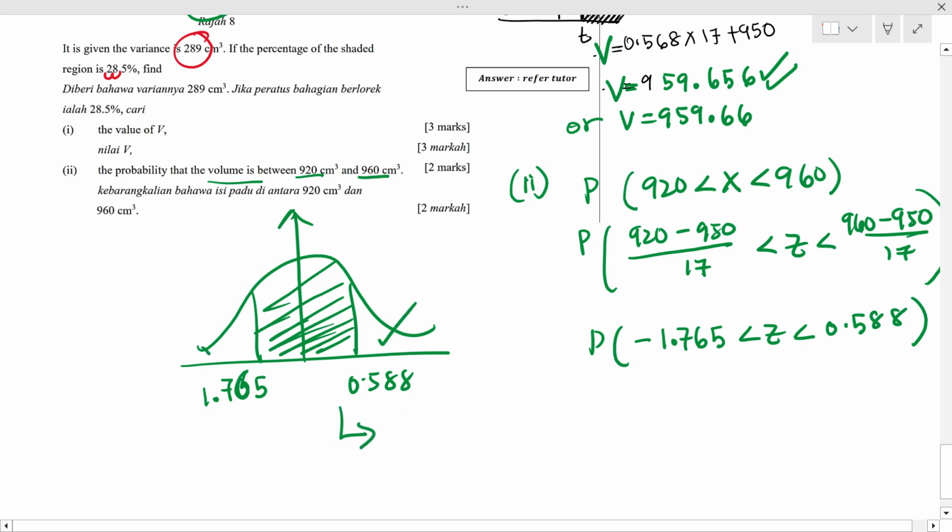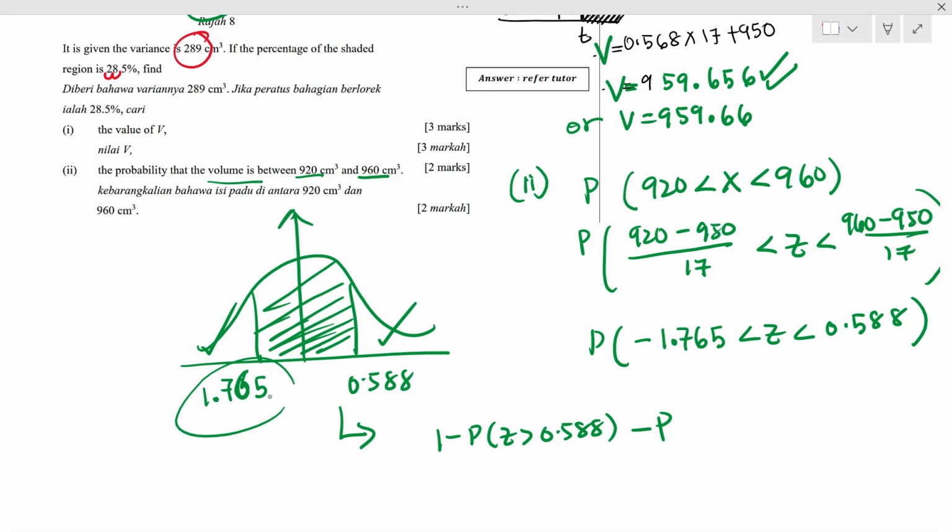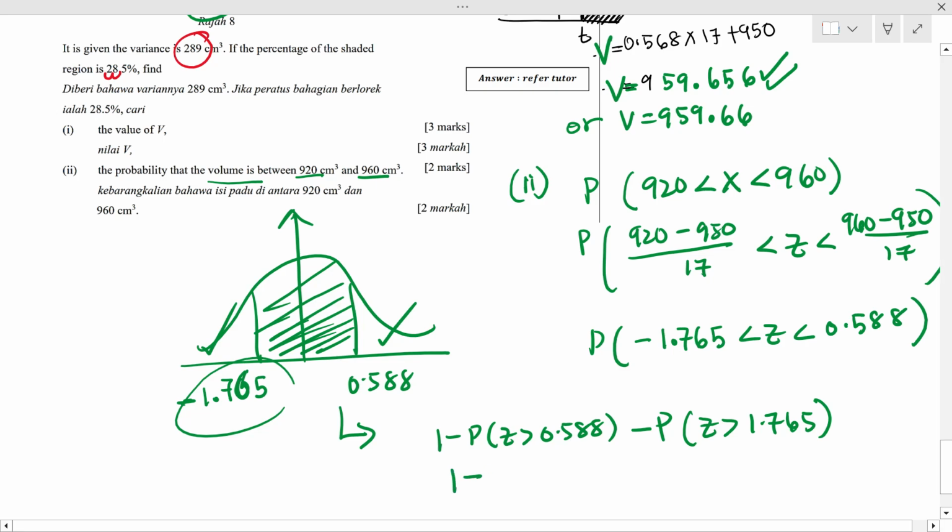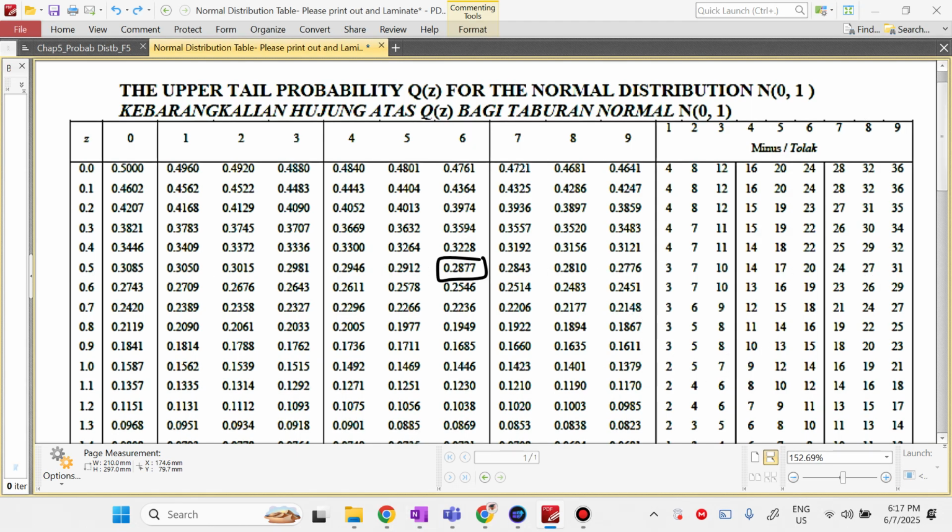We can only calculate the opposite. So 1 minus probability Z greater than 0.588, and then this one negative, negative 1.765, we reflect there, so it becomes Z greater than 1.765, and then get from your table 0.588. Remember, we are finding probability using the Z.